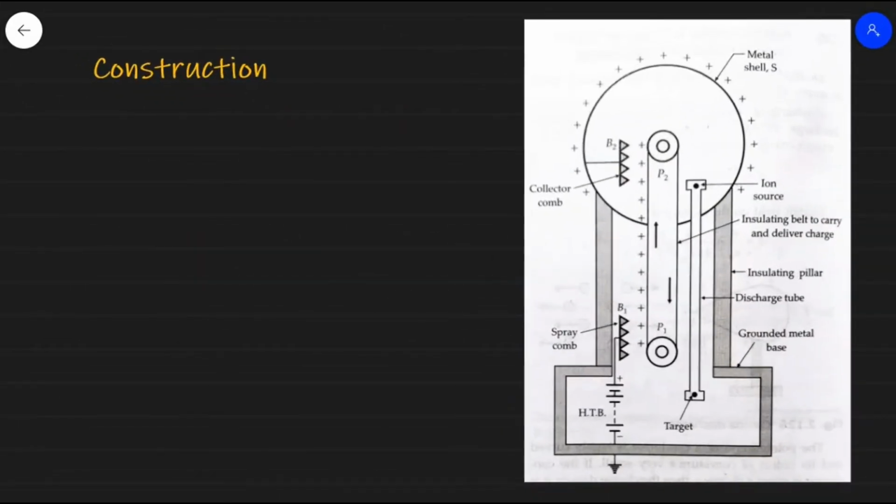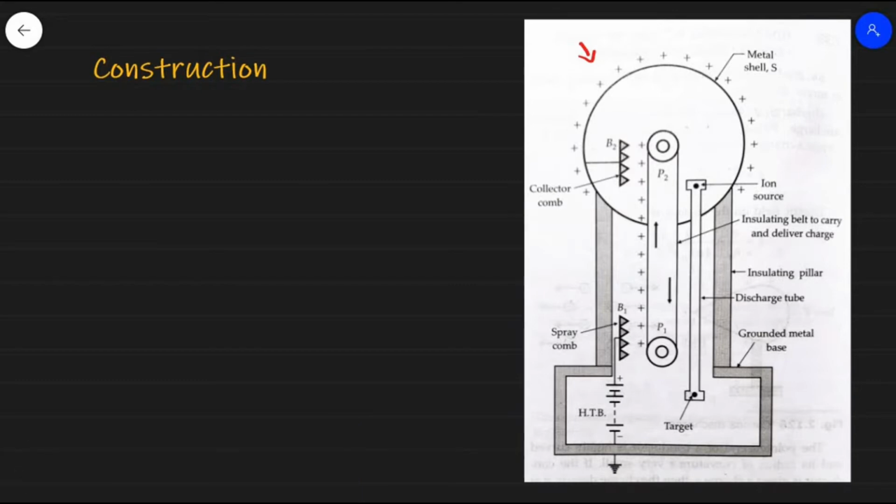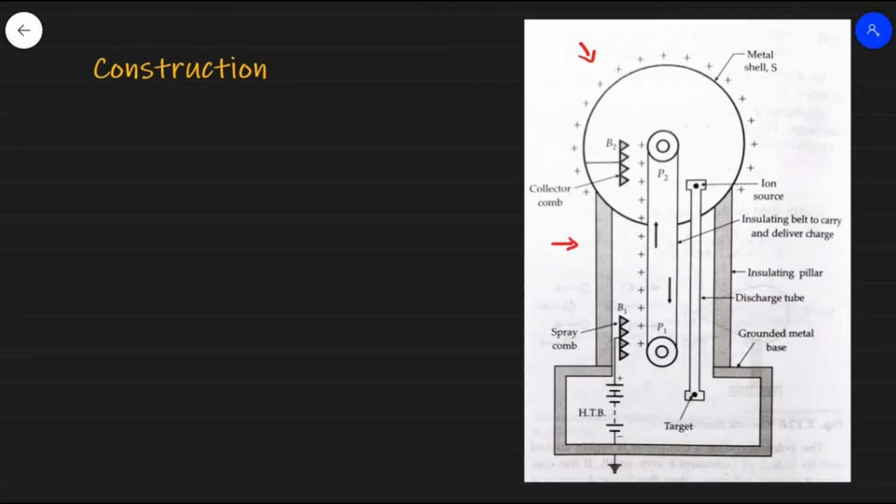So, construction. First of all, we have a metallic sphere. Here this is basically a shell, and it is supported with the help of an insulating pillar. This is the insulating pillar. And we have a spray comb, which we have connected with a very high tension battery. We usually give around 10 to 15 kilovolts from this battery, and we have grounded this spray comb B1.